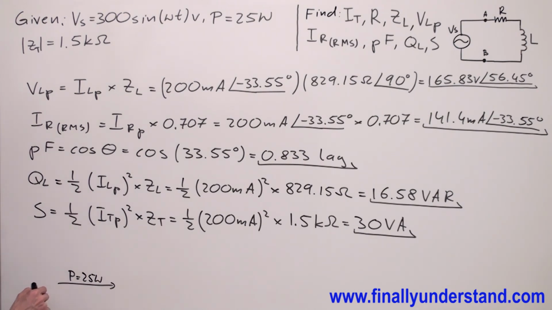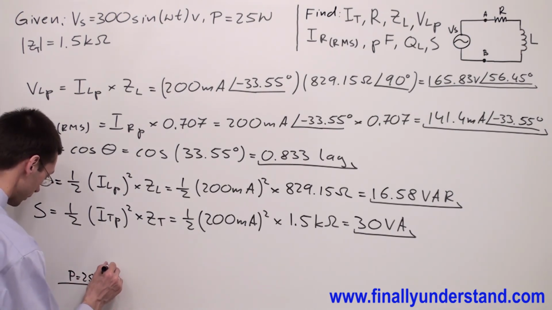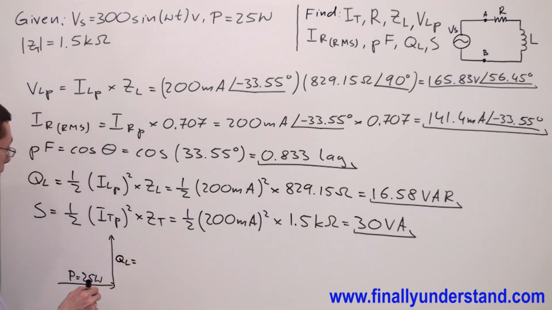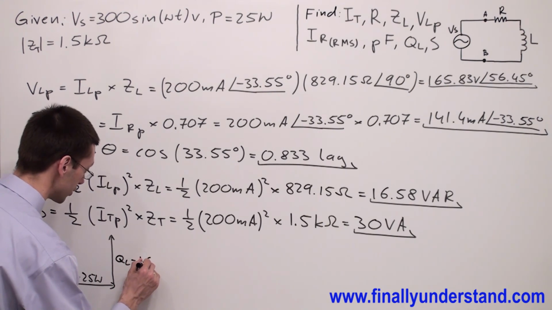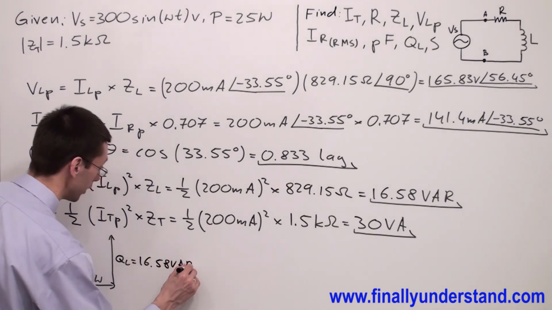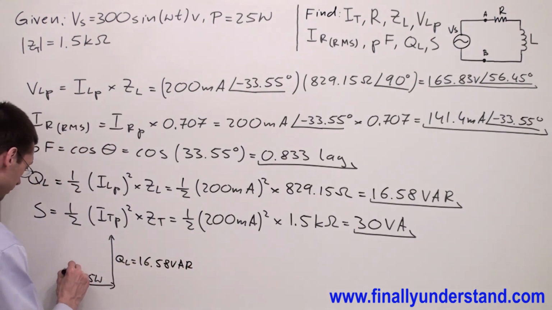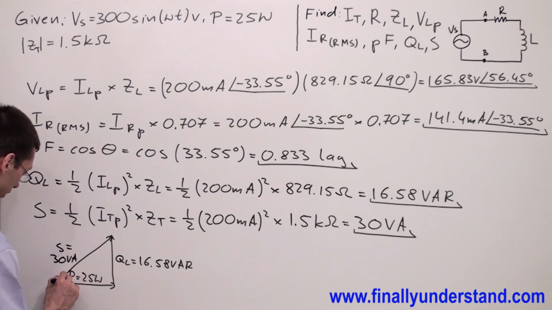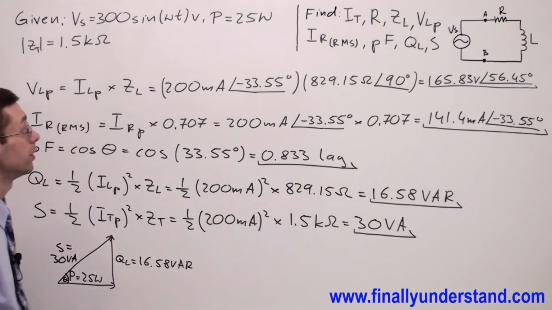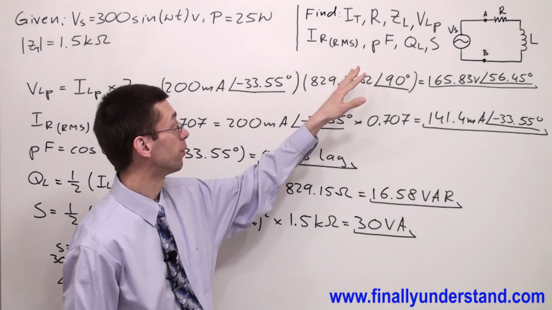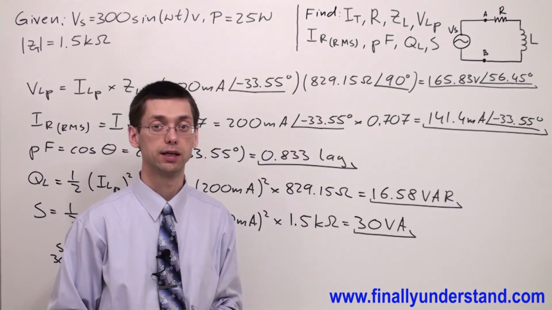Next we have QL, QL is equal 16.58 VAR, and apparent power S, which is equal 30 volt amp, and this is my angle theta. We found the currents, impedances, powers, so we can say that the problem is solved.